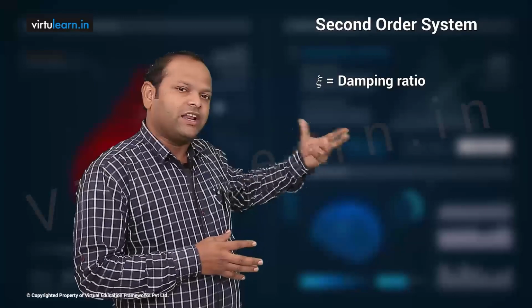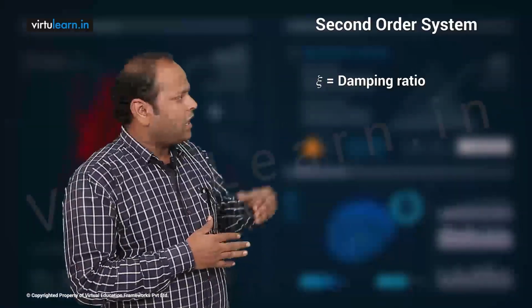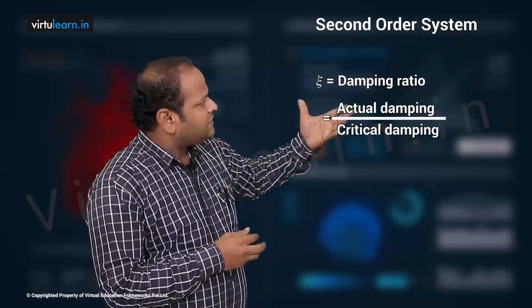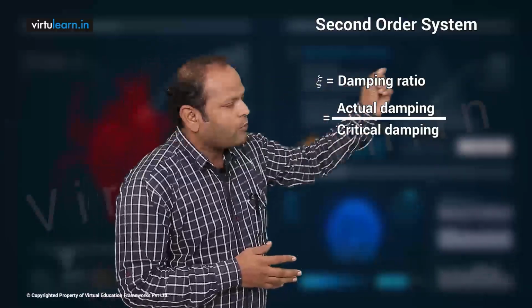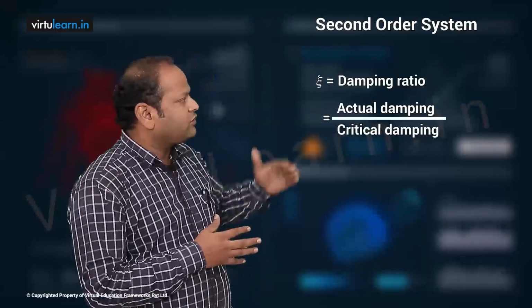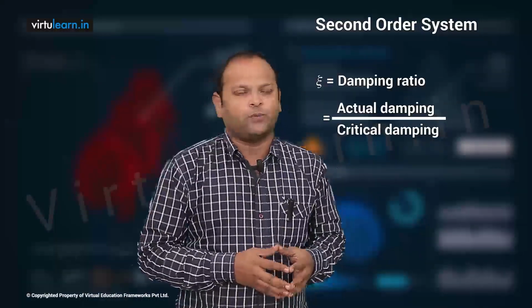It is a ratio of actual damping to critical damping. The actual damping term is zeta omega n and the critical damping term is omega n, so the ratio will be zeta. There are no units for this ratio.